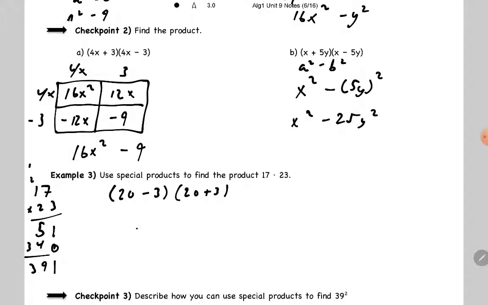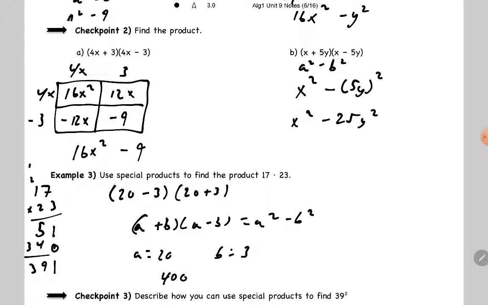So we're using the formula here. A plus b times a minus b is the same thing as a squared minus b squared. In which case a is 20 and b is 3. So 20 squared is 400 minus 9, or minus 3 squared, which is 9.